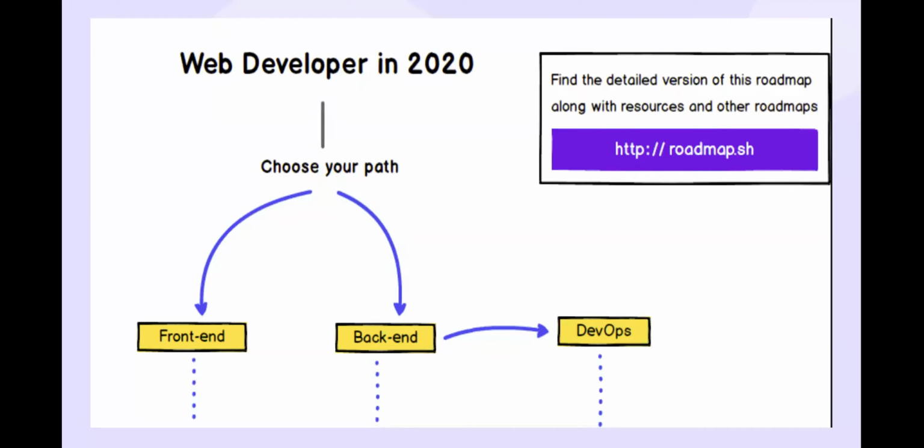So in order for you to become a back end developer, the same thing: HTML and CSS is a must. HTML and CSS is the starting point. That's the genesis of almost every web application programming. After learning HTML and CSS, JavaScript is not compulsory for the backend developers.